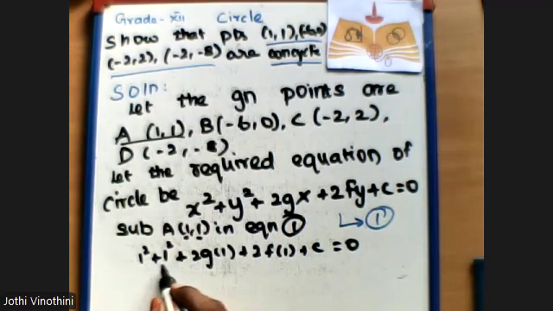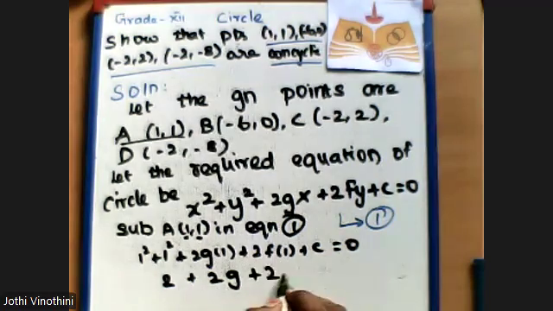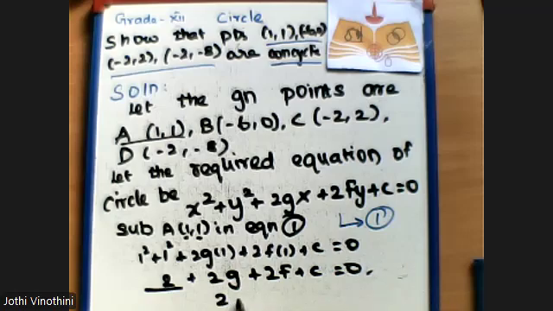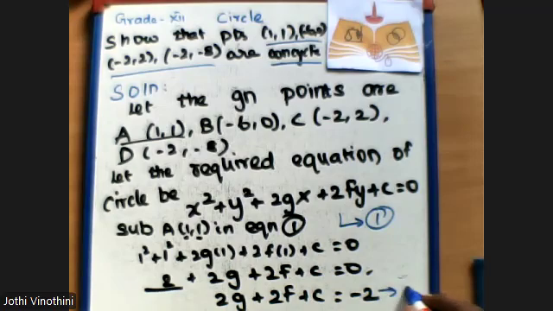Solving this, 1 squared plus 1 squared is 2, plus 2g plus 2f plus c equals 0. I'm going to take this to the other side. So 2g plus 2f plus c equals minus 2. Clear? So I am going to consider it as equation 2.